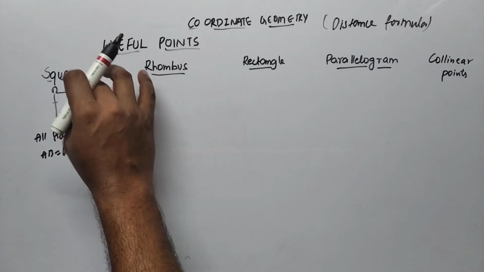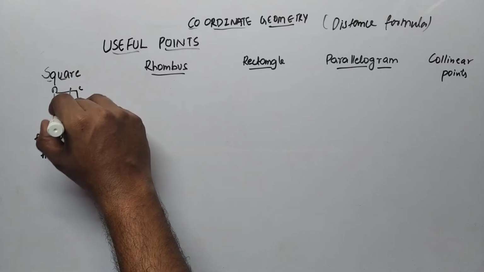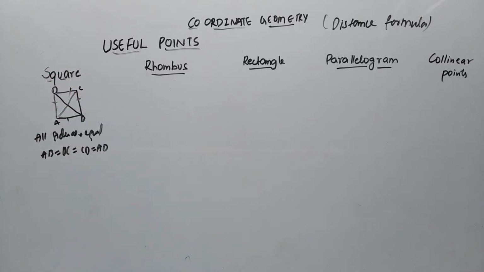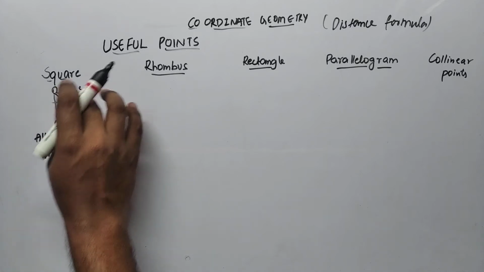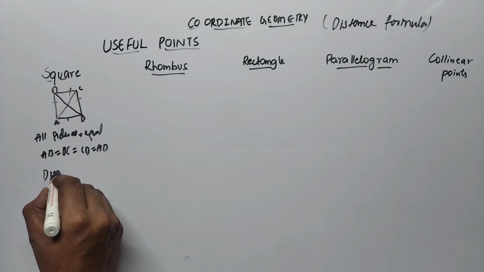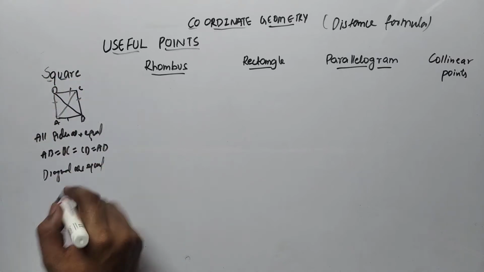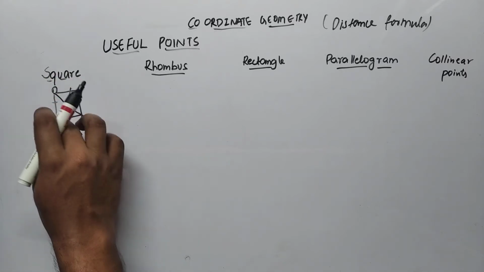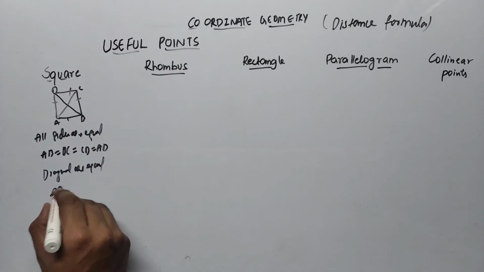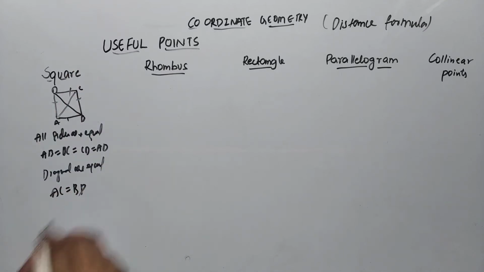Also in the square, the diagonals are equal, so AC will be equal to BD.